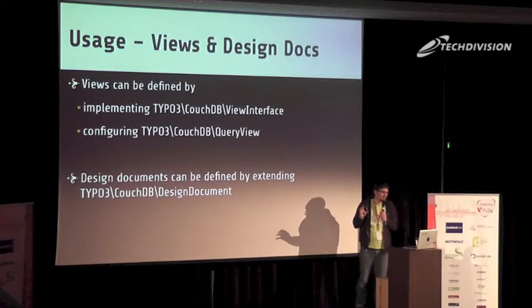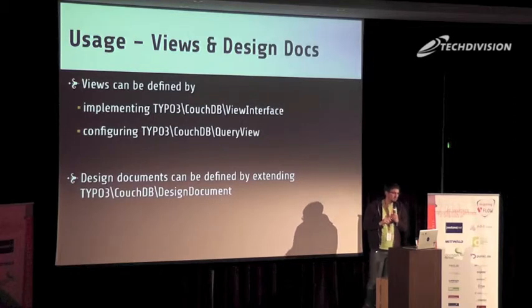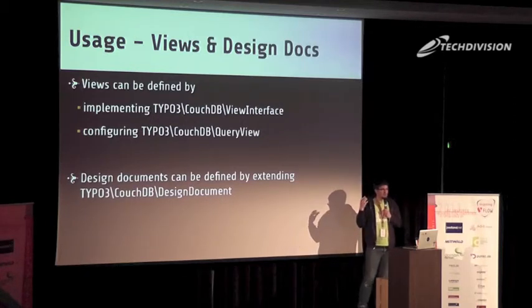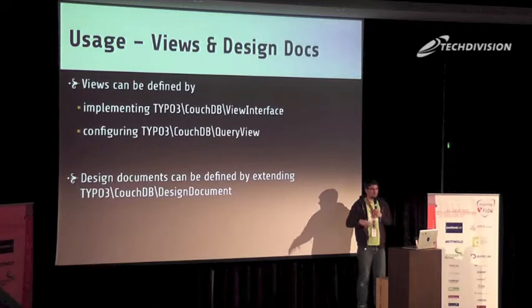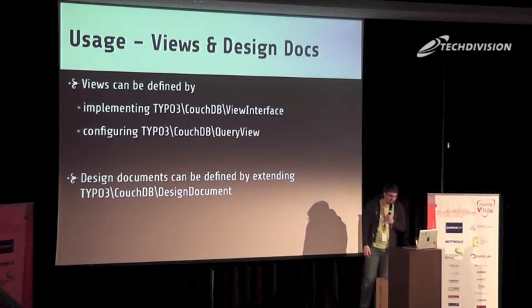So you can define views by implementing a view interface that we have, or by configuring a query view which is there already, so you can do that to a certain degree. And then you can also define design documents by extending a class that has a very easy set of methods to implement, where you more or less return the JavaScript that should go into Couch.